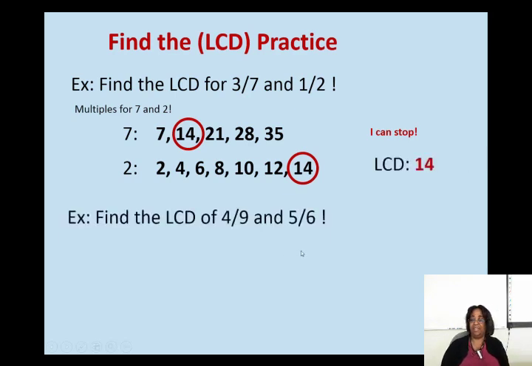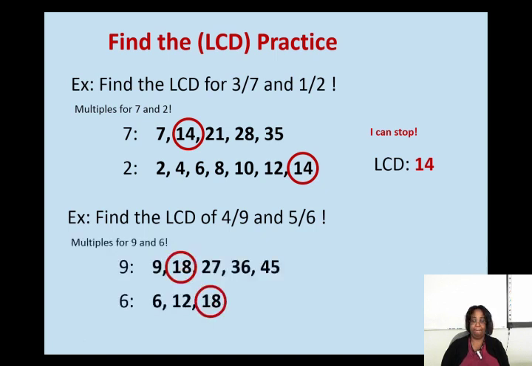Okay, what about for 9 and 6? What did we say the LCD was? 9 and 6? 18, okay. So you guys are going to have some practice doing this. So you can stop and use 18.